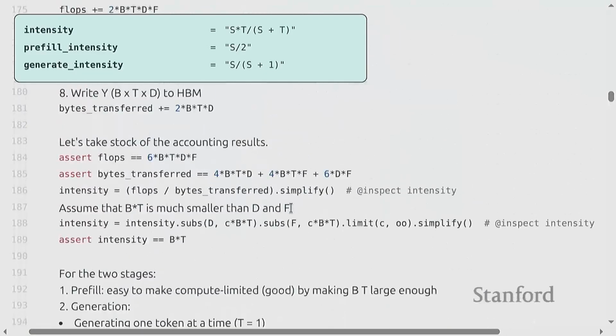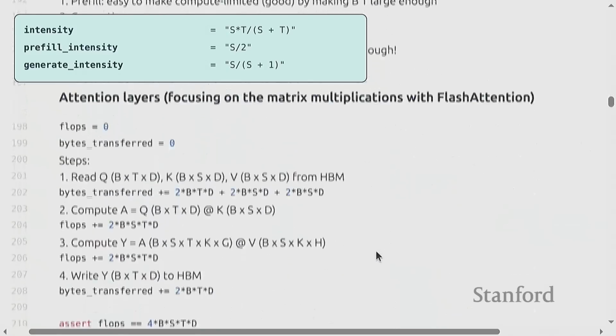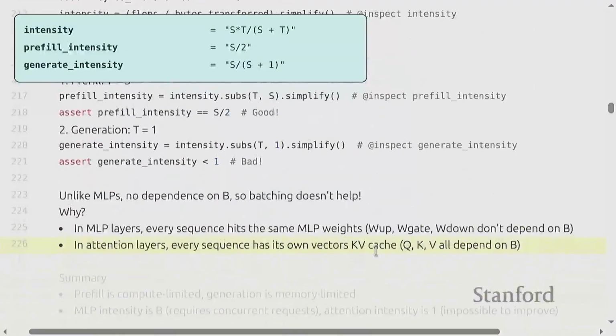Whereas over here, there is a B, but we're assuming the DF dominates, so when you divide, basically there's no B left in the denominator. So you can look at it mathematically, or you can just reason about it intuitively: for attention, the KV cache is every sequence's own unique snowflake.